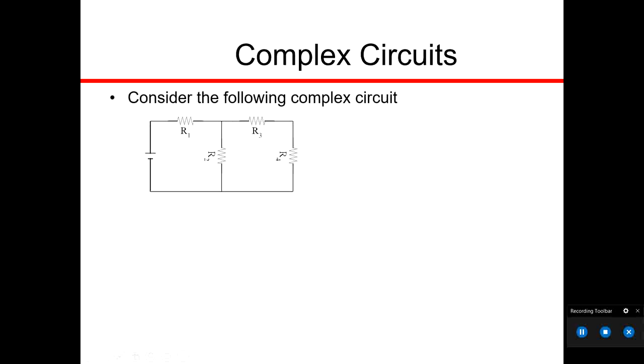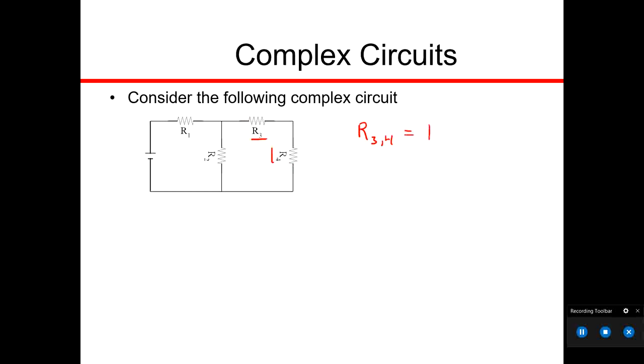Okay, so here it is. So consider this following complex circuit. So the first thing we're going to do is we have some resistors in series. So we can simplify this circuit by finding what we're going to call resistor 3, 4. Okay, so that's the equivalent of these two together.